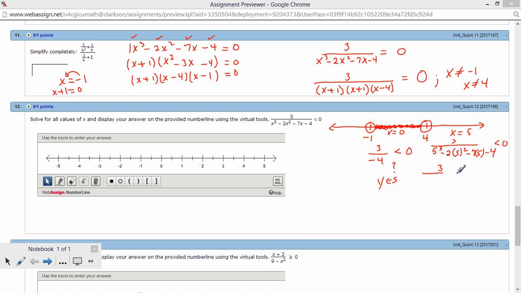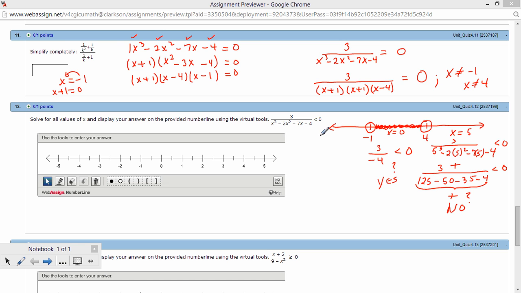Well, that gives us 3 over 125 minus 50 minus 35 minus 4. Is that going to be less than 0? Well, really, it just comes down to signs. The numerator is very plainly positive. And I think it's apparent by looking at that denominator that 125 minus only 89, that's going to be a positive number. And a positive divided by a positive is positive. So can that be less than 0? That's the question. No. So numbers bigger than 4 will not work.